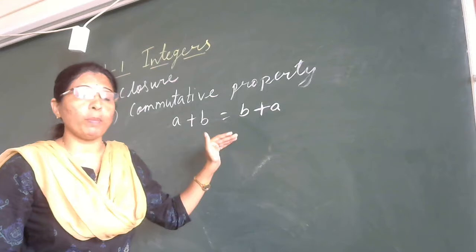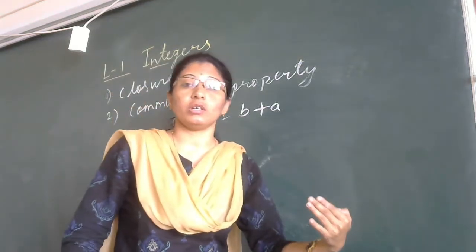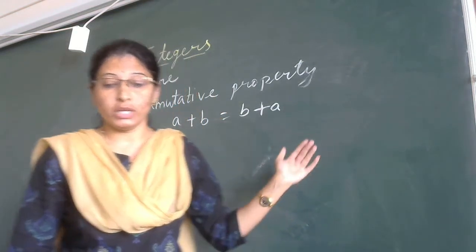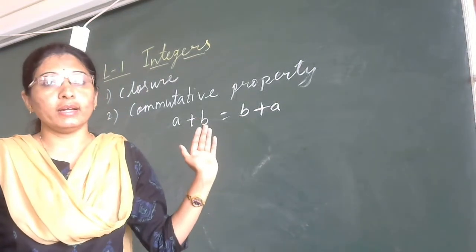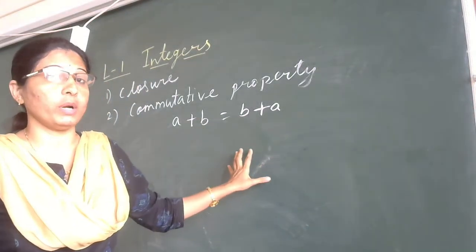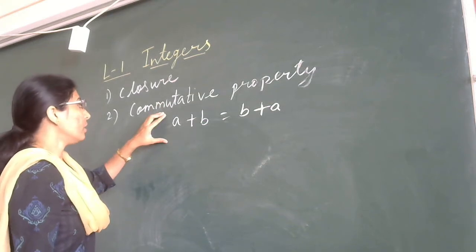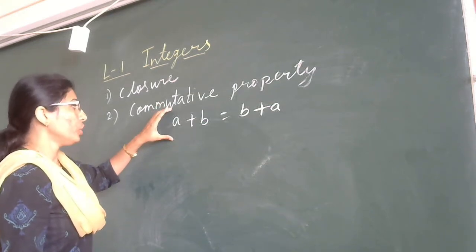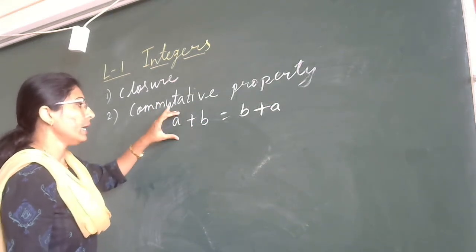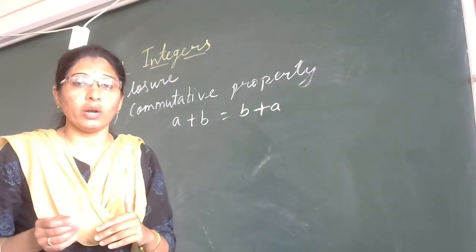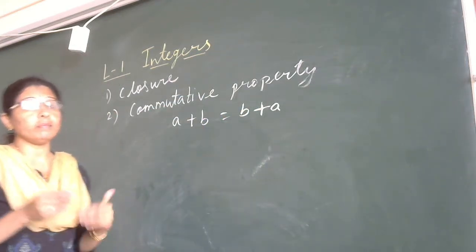The same property is used for natural numbers also. So for integers also we have the same property, the commutative property, the ordering property. When you add any two integers and change their order, you will get an equal sum.